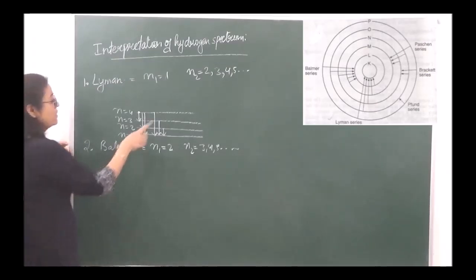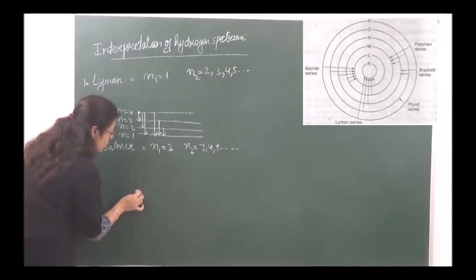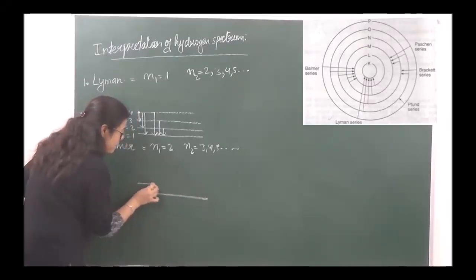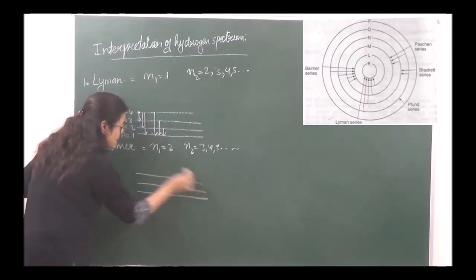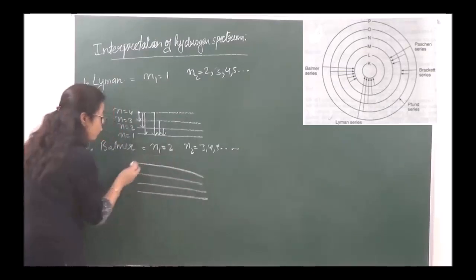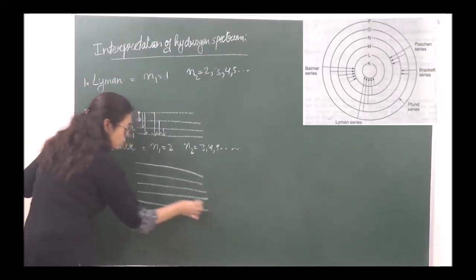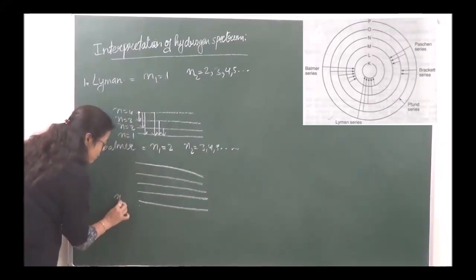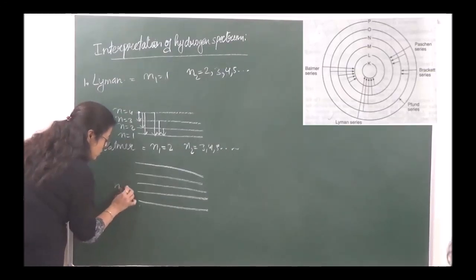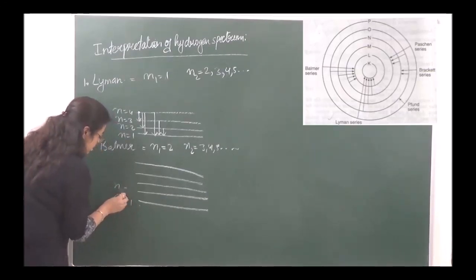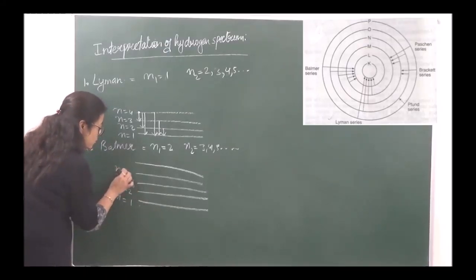Again, when we are drawing the lines, you can see in the figure. This is n is equal to 1, n is equal to 2, n is equal to 3, n is equal to 4, and n is equal to 5.